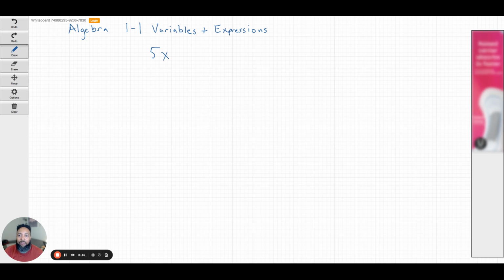Like I said, the variable can be a symbol that represents a value. So that would be your x. Your algebraic expression would be 5x, because basically this is 5 times x. So an algebraic expression has a number, which is 5. It has a variable, which is x, and it includes an algebraic operation, which is multiplication.